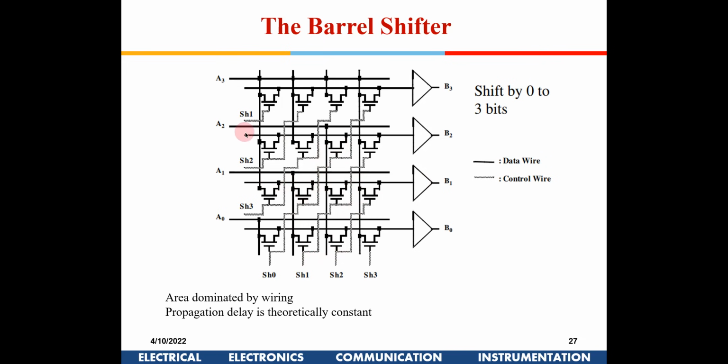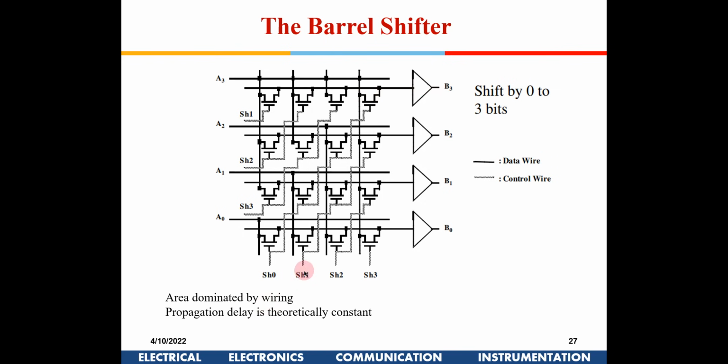Similarly, A2 through this transistor comes to B2. Similarly A3 comes here, this transistor is switched on, and it comes to B3. So it is not shifted.